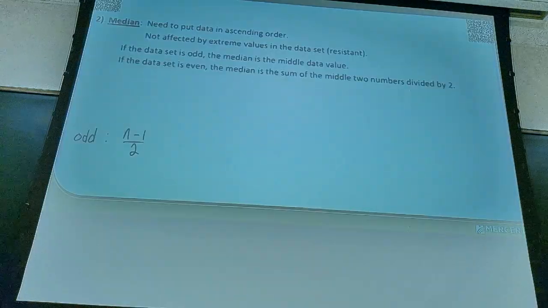That's the position of the median. So say you have 51, data point number 26 would be the median. Right, there's 25 less than it and 25 larger than it.